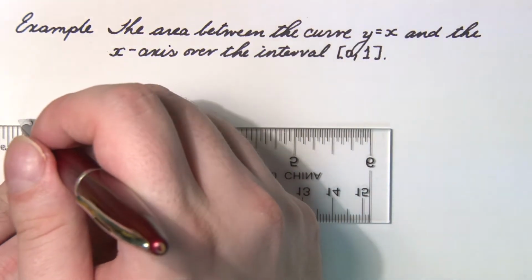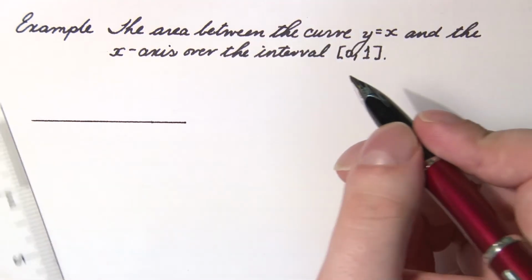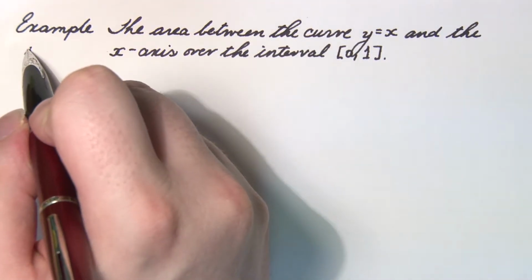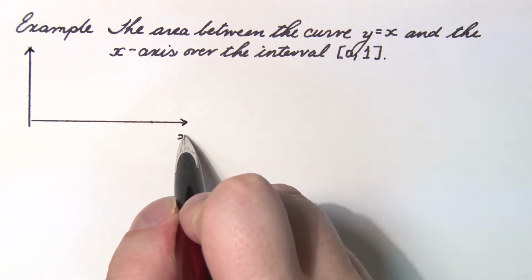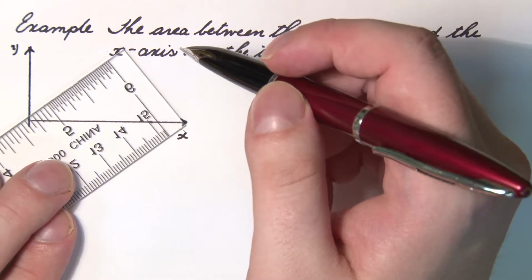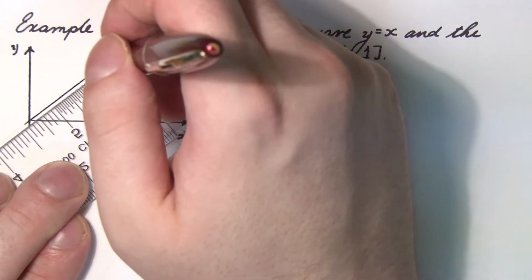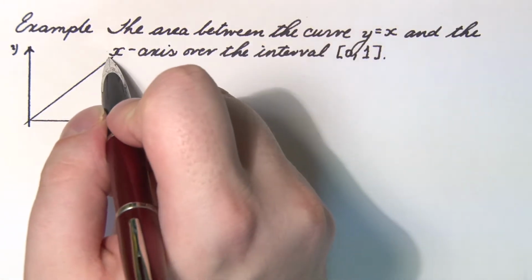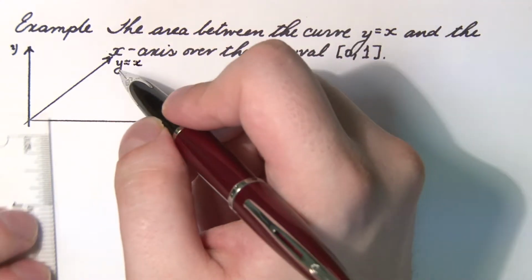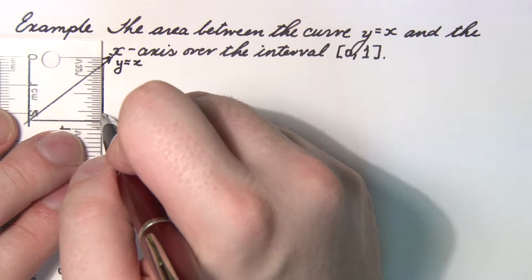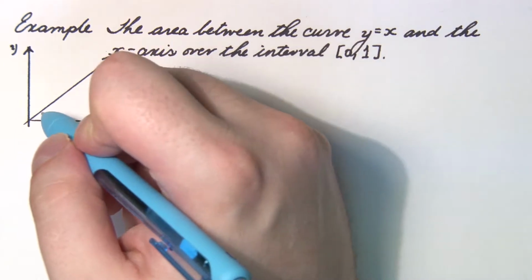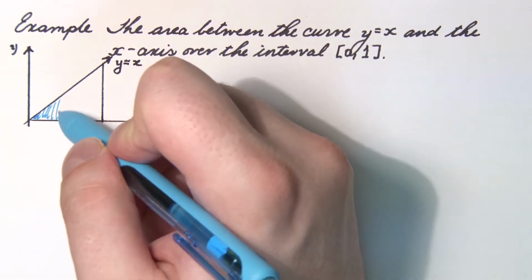Now what this is saying is, okay, so I'm going to draw this. And I want it over... So what the question is asking is, what is this area in here?